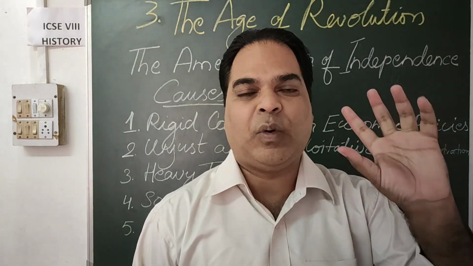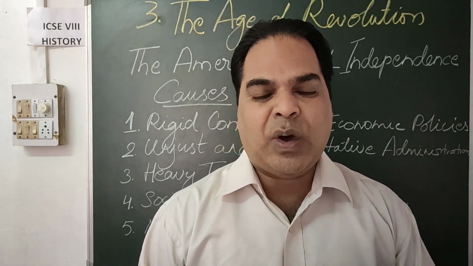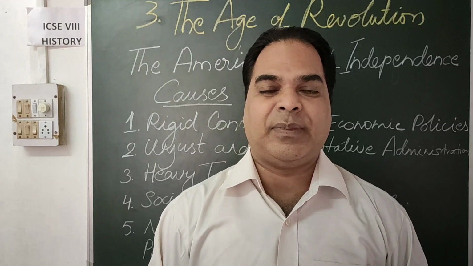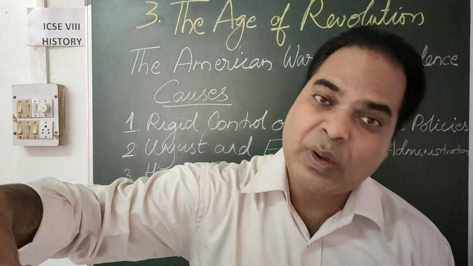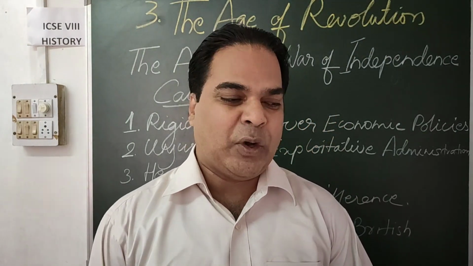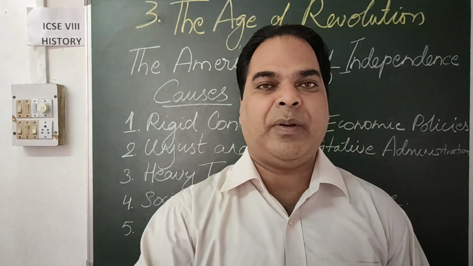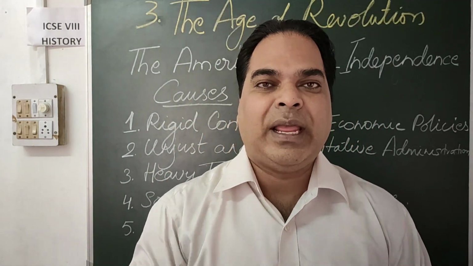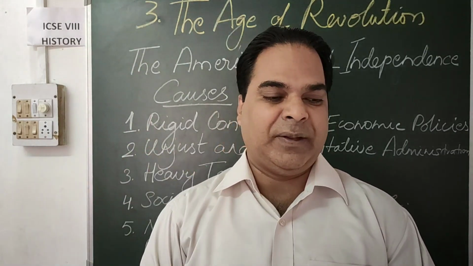Now what were the powers of the British governor? The governor was not answerable to the assembly, though he was the governor of the colony. He governed the colony in the interest of Great Britain, that is the mother country.